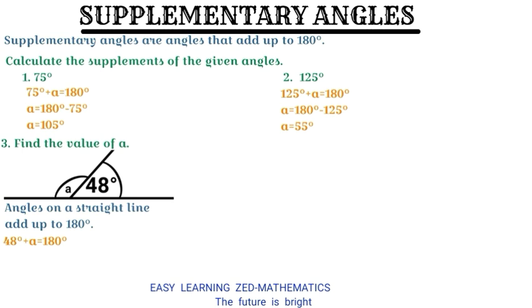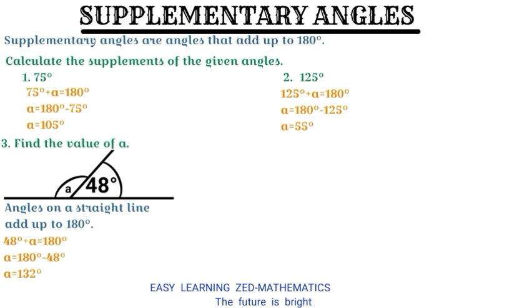Once I've done that, the next thing I'm going to do, as usual, is put like terms together like this. So A is equal to 180 degrees minus 48 degrees, which, when you subtract, should give us 132. So A is equal to 132 degrees. Okay, so that is the property we're going to use.